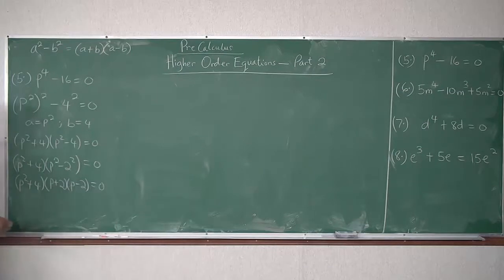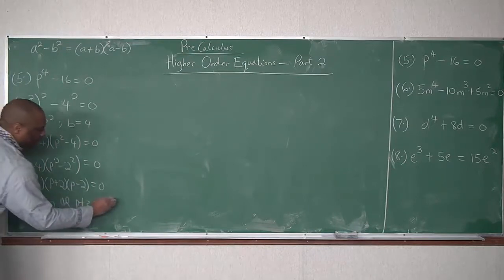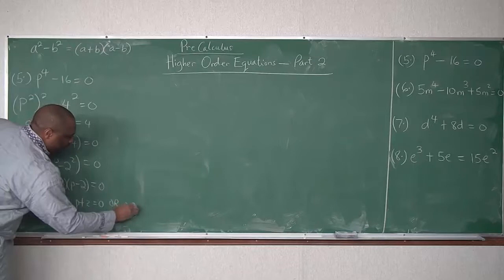You can now use the zero product property: p squared plus 4 equal to 0, or p plus 2 equal to 0, or p minus 2 equal to 0.